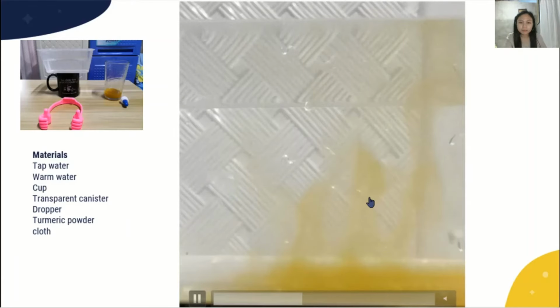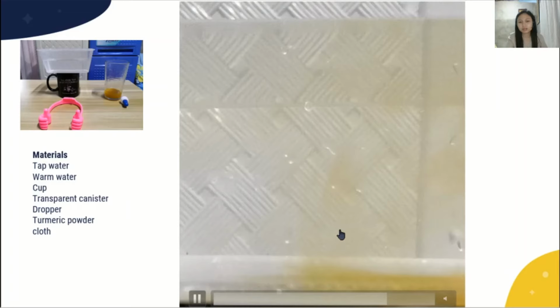And when it reached the top, it turned sideways, then downward. So it rose up and then it turns sideways.